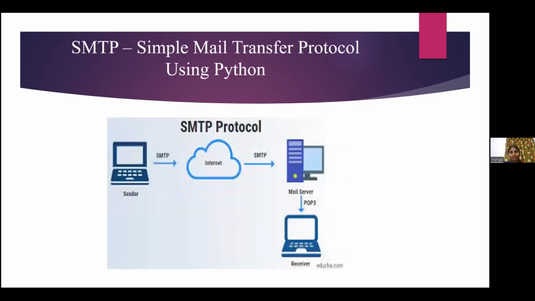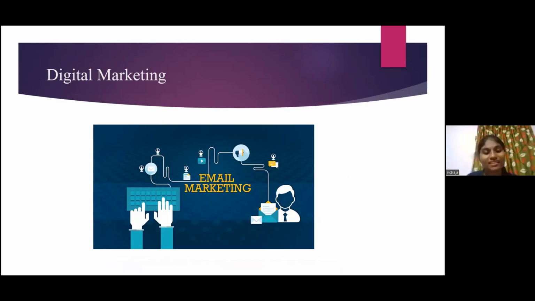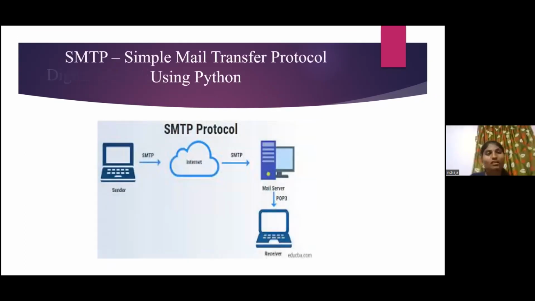Digital marketing is a strategy of reaching and engaging the target audience. SMTP is the Simple Mail Transfer Protocol. SMTP is a TCP/IP protocol used in sending and receiving email.